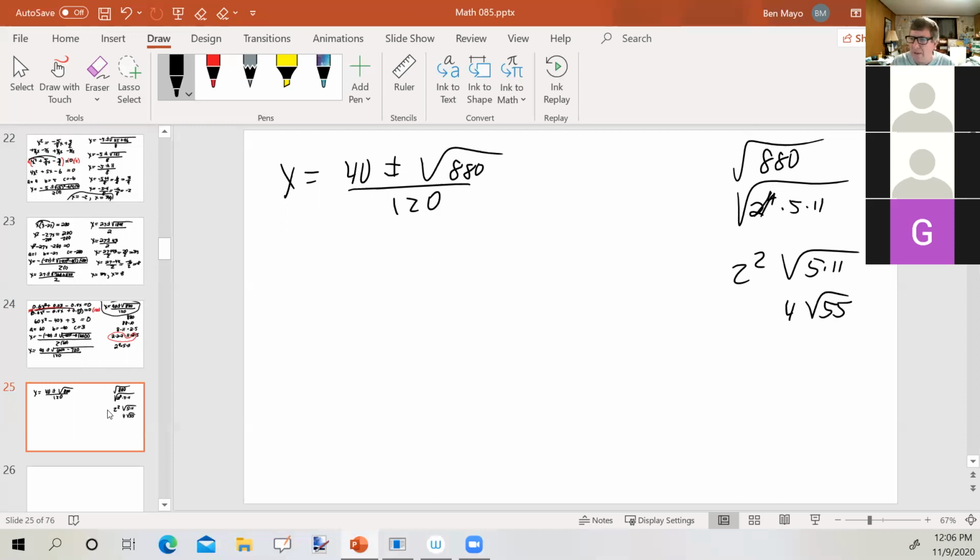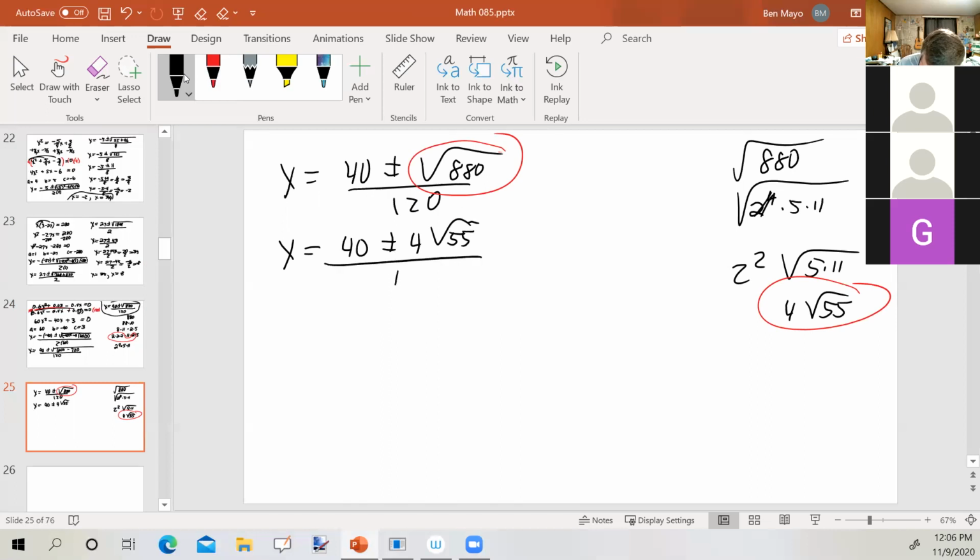Okay, do you need me to go back to the previous screen at all? No. All right, so this is going to go there. X equals 40 plus or minus 4 square roots of 55 all over 120. So now looking at this and this and this, they all have a factor of 4 that's common.